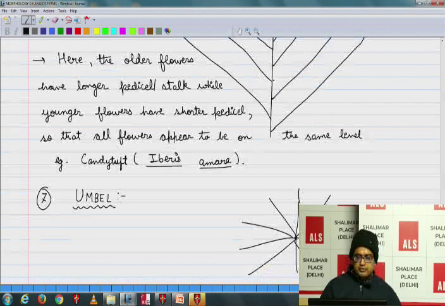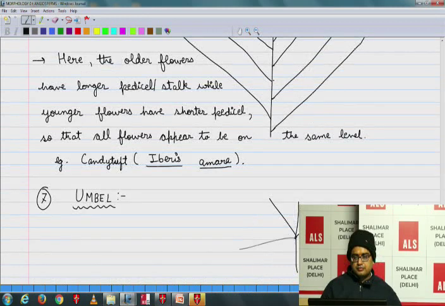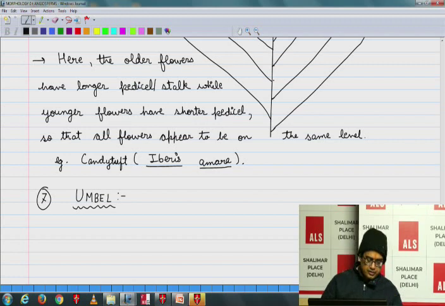Let me draw it now. This was not a very accurate diagram. So in umbel, this kind of thing happens.